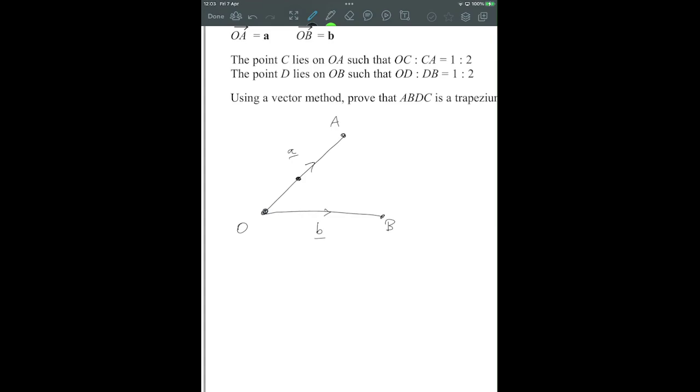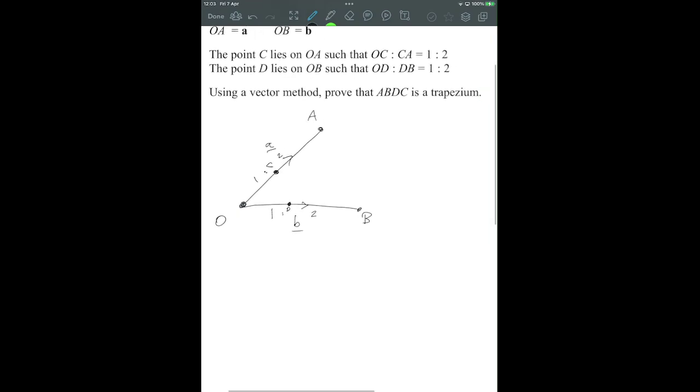So there's some C here, so this is in a ratio of 1 to 2. D is on OB, so OD to DB is 1 to 2 as well. So we've got some D on here in the ratio of 1 to 2. Using a vector method, prove that ABDC is a trapezium.